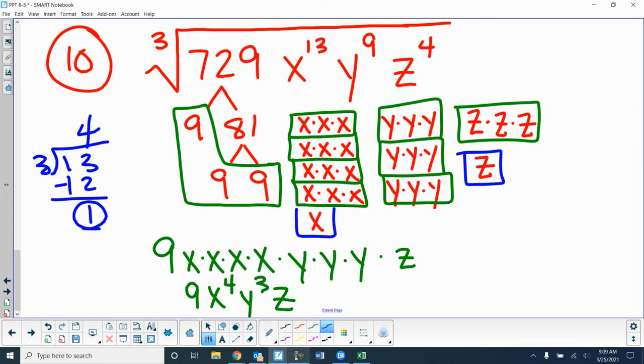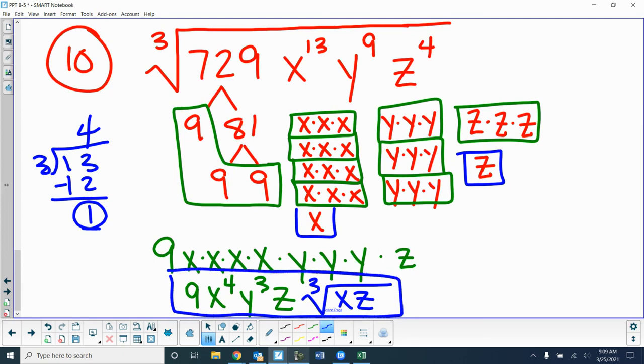You know, if it was 14, there'd be 2, so I'd have x squared left over. You follow me? Okay, so this part is cube root of x. Z is also part of our answer. So that's what it should look like. Does that make sense? So tomorrow, that last one's going to be similar to that. Okay? Any questions about anything?